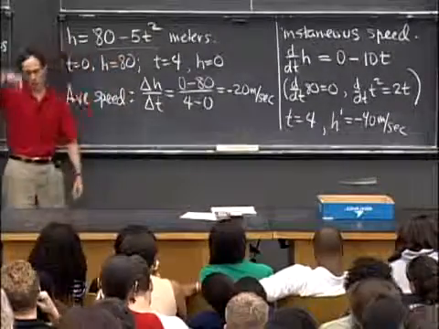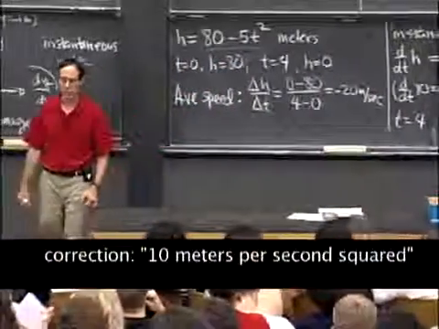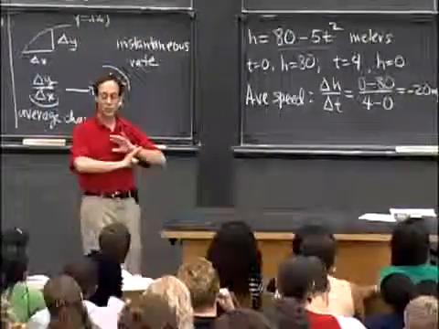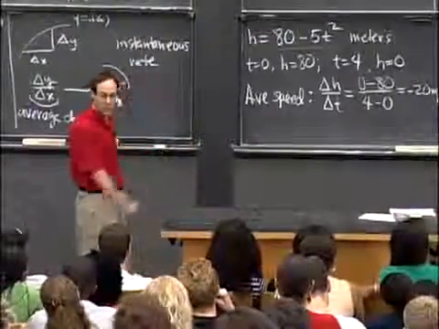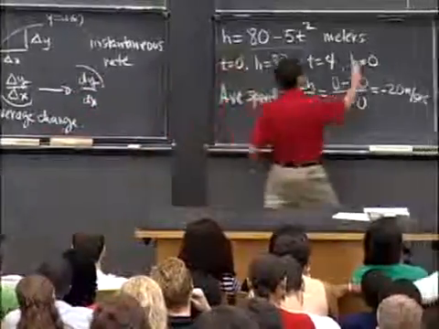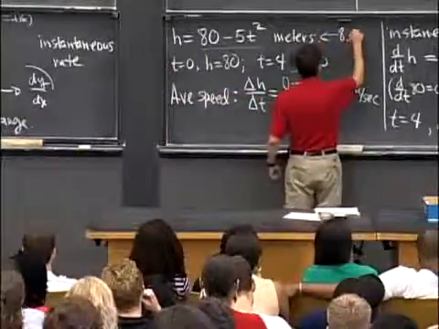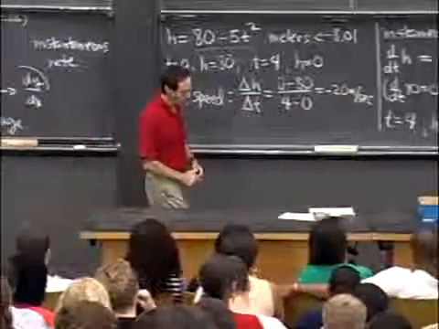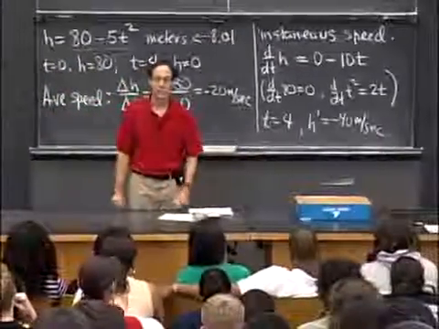The acceleration due to gravity is 10 meters per second squared, which happens to be the second derivative of this. But anyway, I just pulled it out of a hat from your physics class. So you can just say see 801. All right. Other questions?